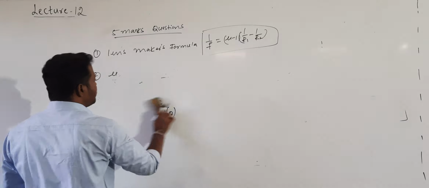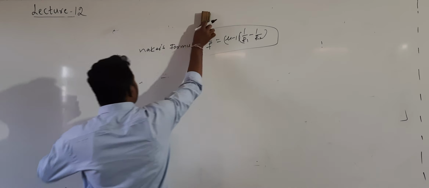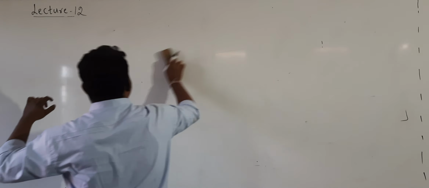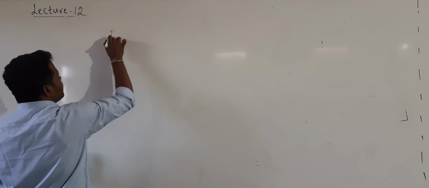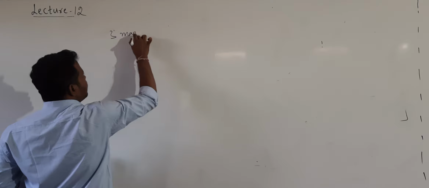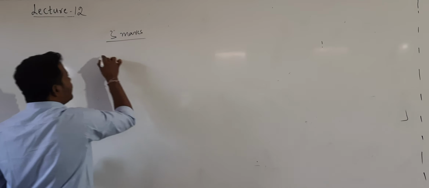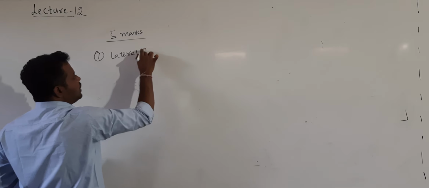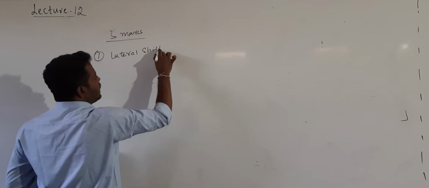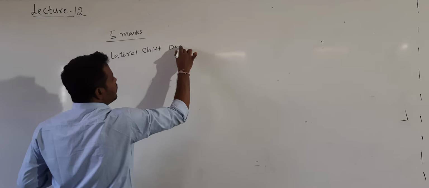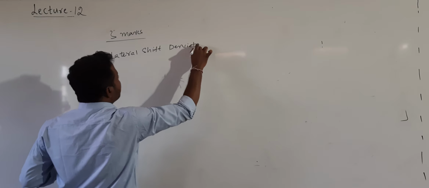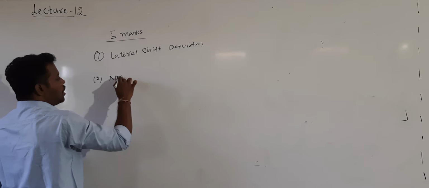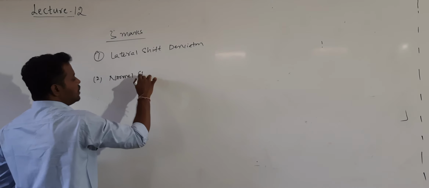Whereas there are many 3 marks questions. What are the many times repeated 3 marks questions of this chapter? We come to know: lateral shift derivation, and normal shift derivation.